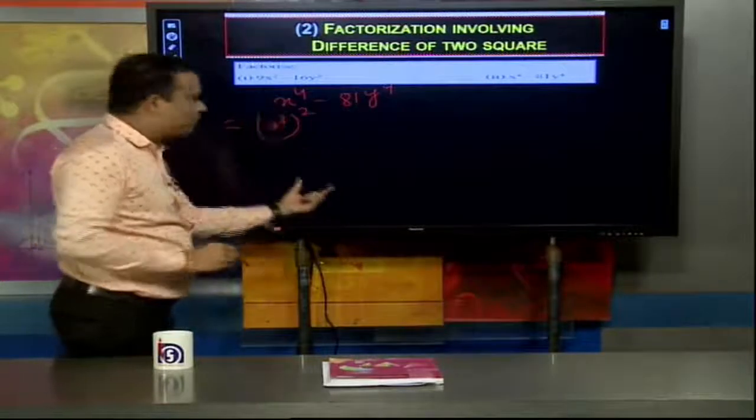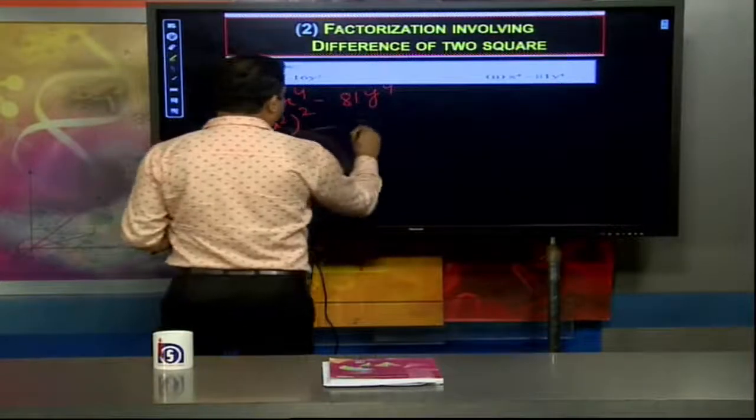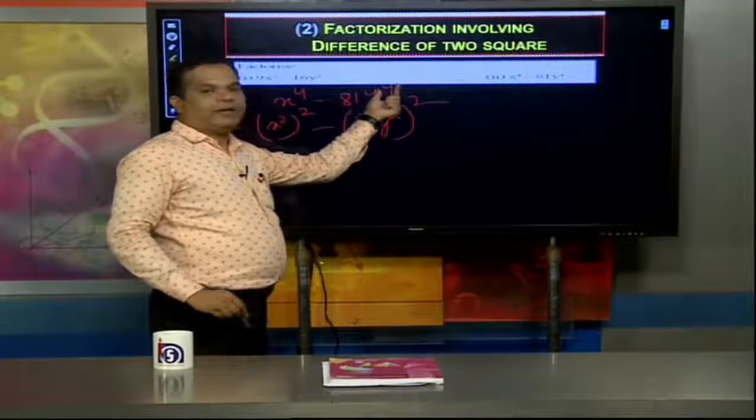So, dear learners, when talking about x fourth, I can write (x square) whole square, because x square whole square means 2 into 2, which is equal to x fourth. Minus 9y square whole square: 9y whole square means 9 whole square is 81, y square whole square is y fourth.